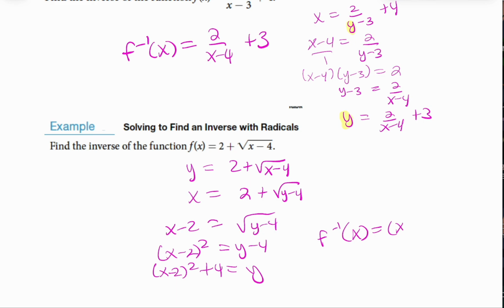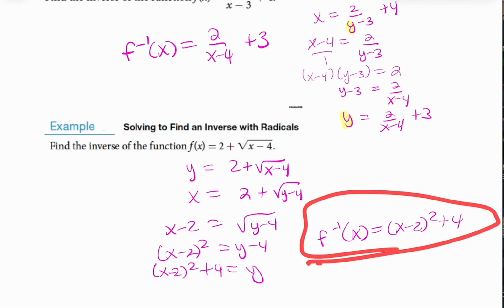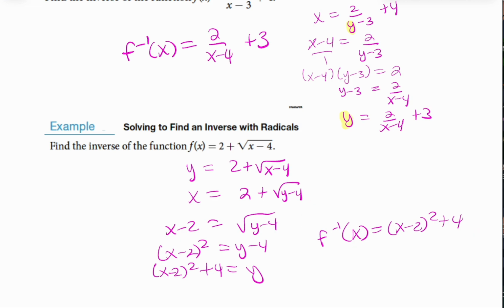So we get the quantity of x minus 2 squared plus 4. Now technically, we could say that the domain of our inverse, since it normally doesn't have an inverse because of a square on it, would be the range of this. So if we know what that graph looks like, we could tell you what x is to use and what x is not to.